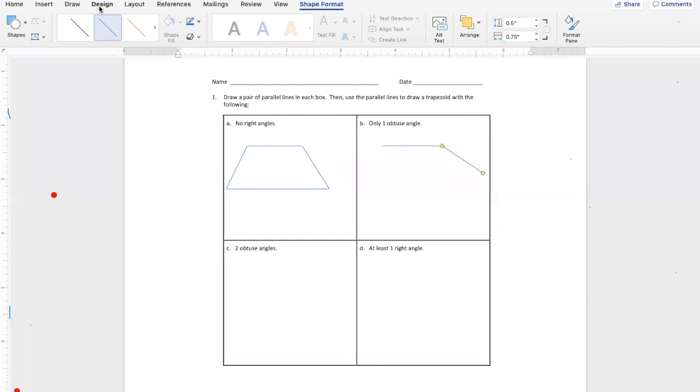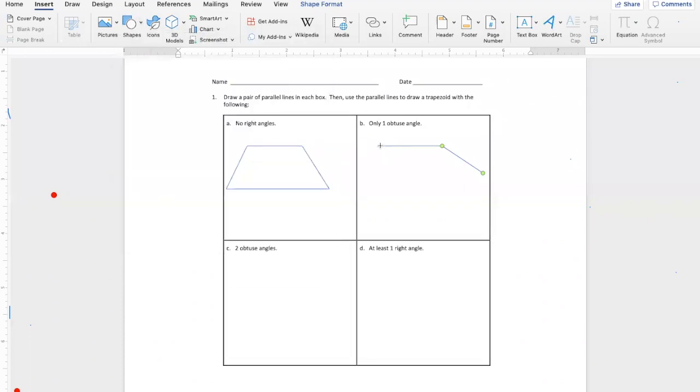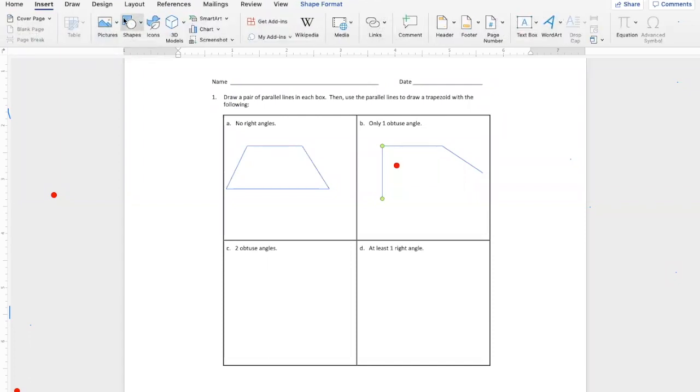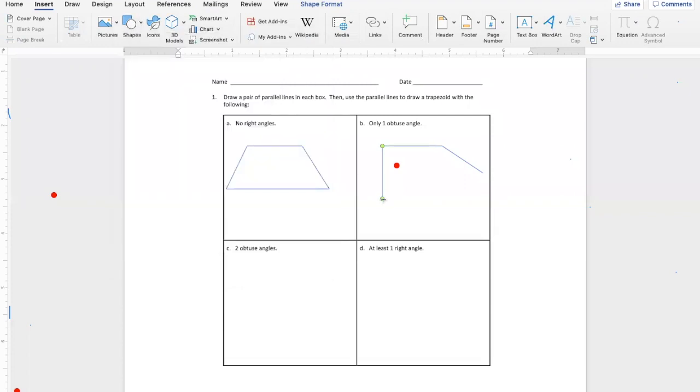And it says only one obtuse angle. So let me go ahead and do that again. I could make these with straight lines. I could put a right angle in this one. Remember, because it's a trapezoid, I'm only going to have four sides. So let me just connect these two.